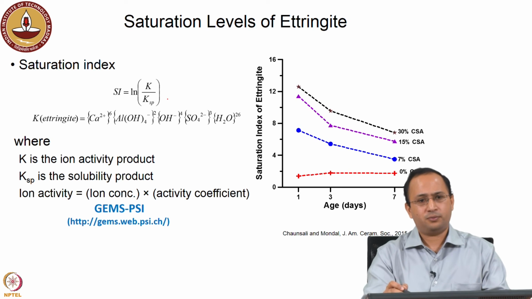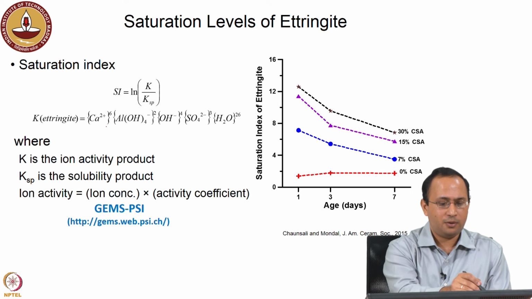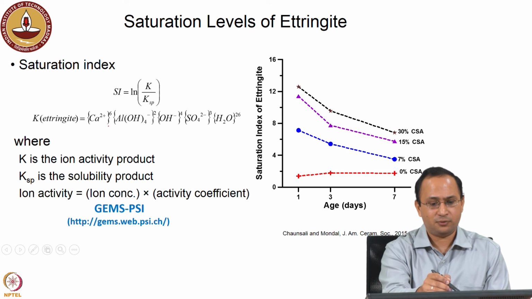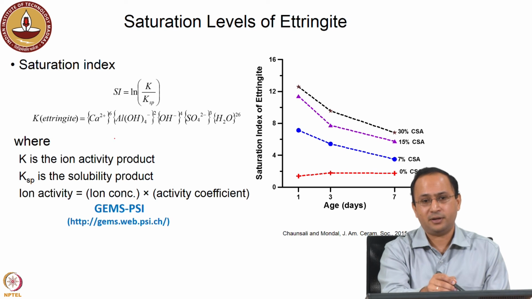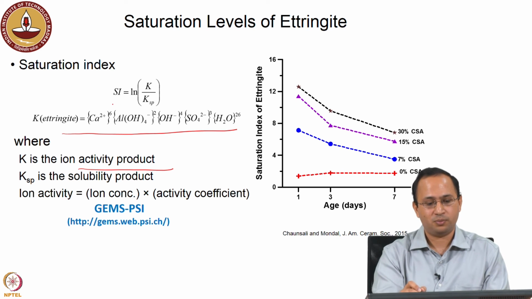So, if we know the composition of the pore solution, right, if we know the concentration of various ionic species, we can calculate the saturation index for any phase. In this case, it was calculated for Ettringite, which is the expansion causing phase. So, you write the ion activity product, because the supersaturation is the ratio of ion activity product and solubility product.